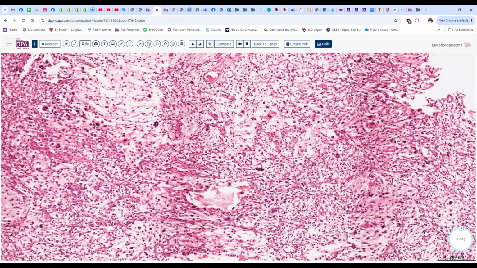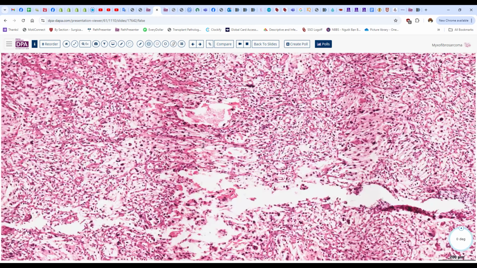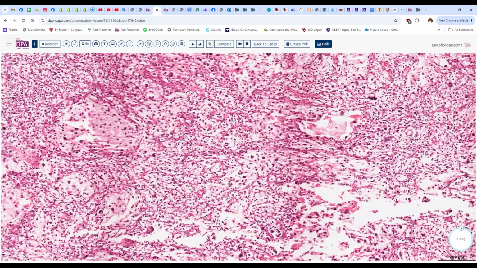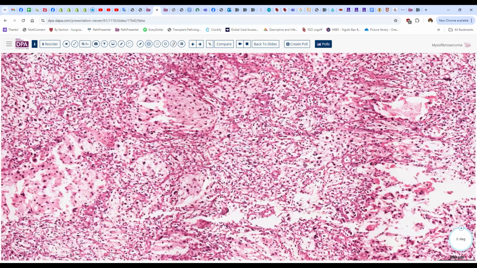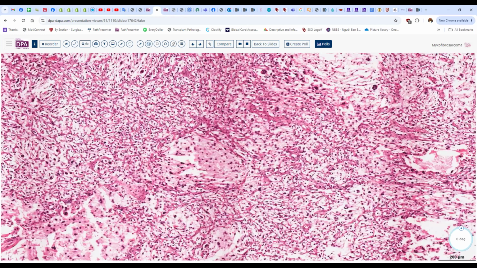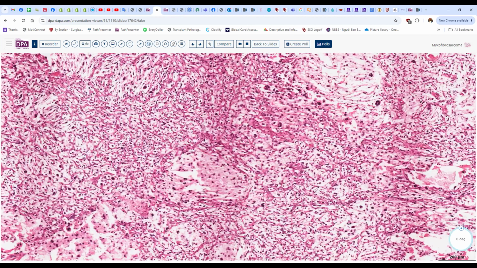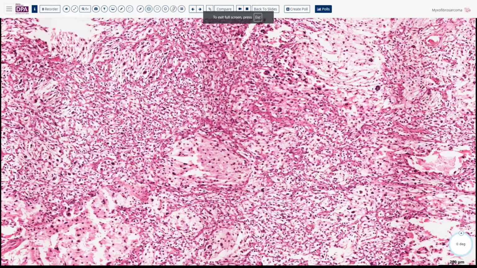So, as I mentioned, you won't find the term myxoid MFH anywhere in the WHO categorizations these days. And I believe this sample here fits into what is today called myxofibrosarcoma. That is a lesion which has a very high cellularity and high degree of pleomorphism.